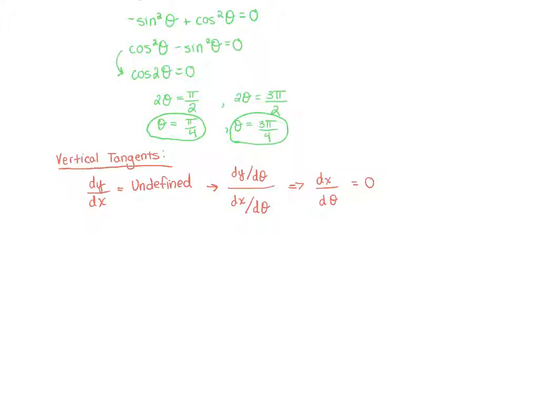And so for dx d theta, we can just remind ourselves that x is given by r cosine theta in general.